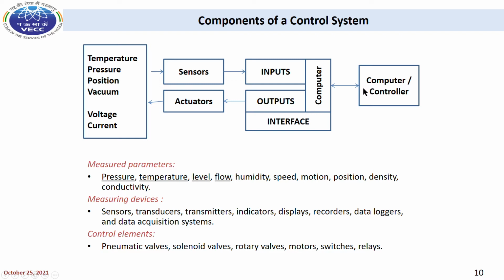Here we see the various components of the control system. Here is a process parameter. Some of them are controlling parameters and some are monitoring parameters. There are different interfaces, so different ports, protocols and data communication it supports with the computer or the controller.